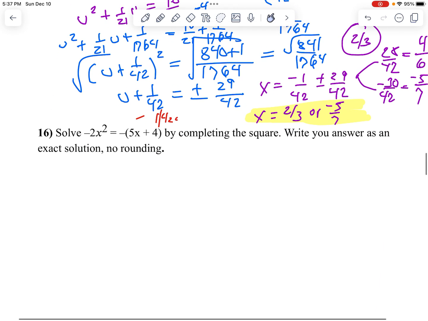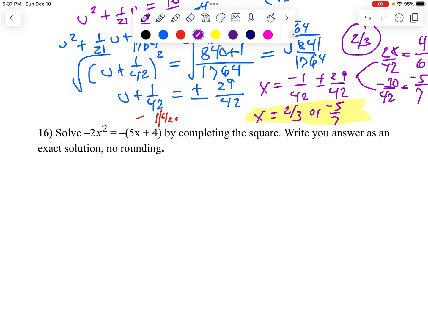Okay, number 16, it's kind of the same way. But first off, let's distribute that negative. So we get negative 2x squared equals negative 5x minus 4. Then we'll add 5x to both sides.